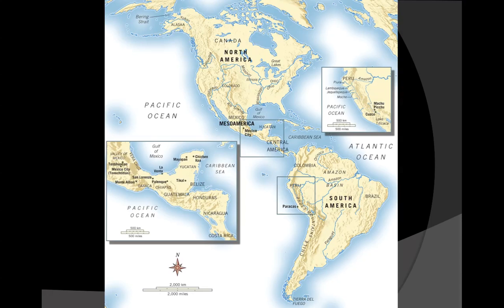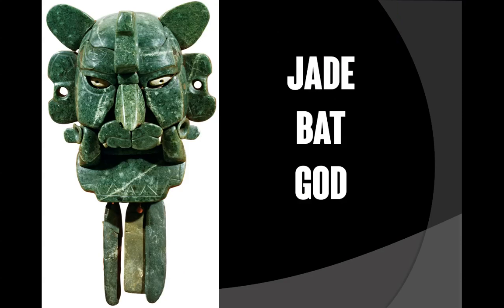families. Now, if you want to see a big piece of jade, we've got this jade bat god, which is not a common piece of jade that would be found. This would have been an example that was found in the grave of an early Zapotec king, probably worn as a symbol of his power.